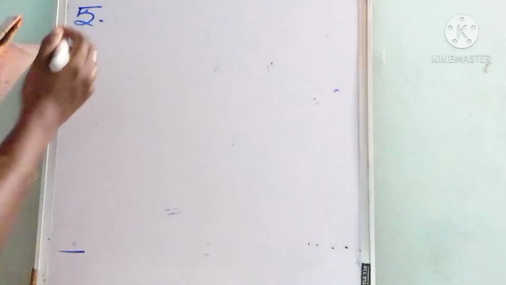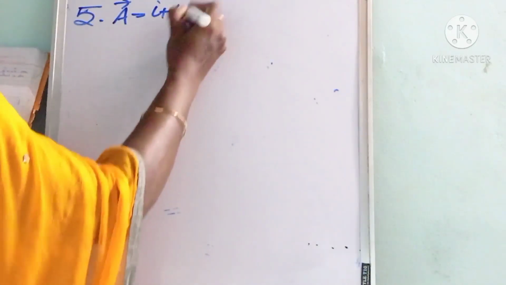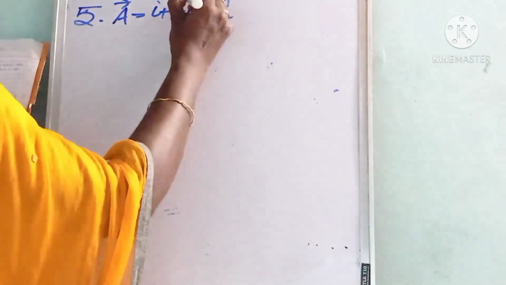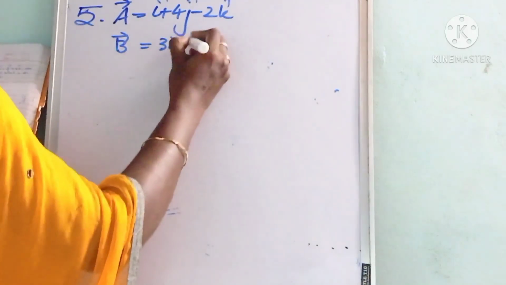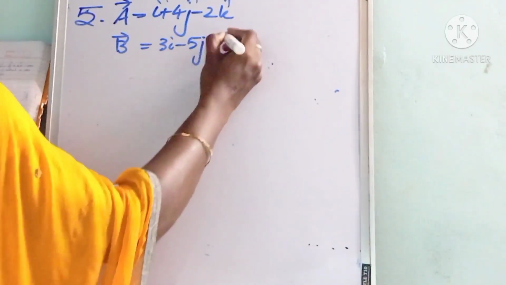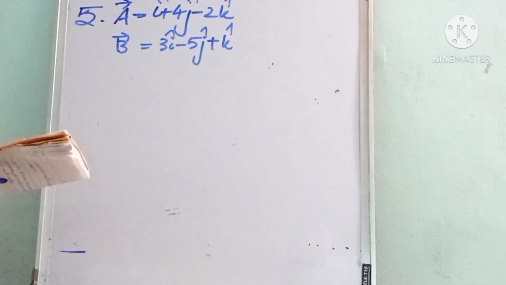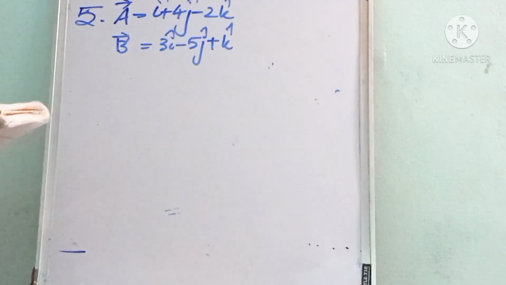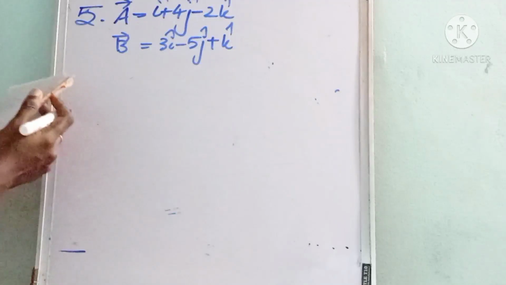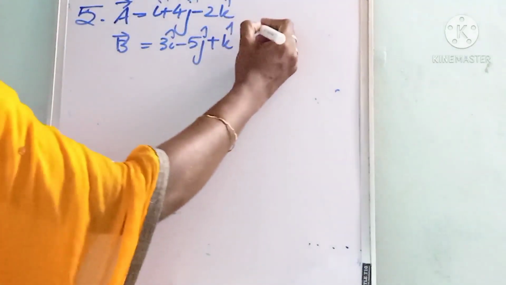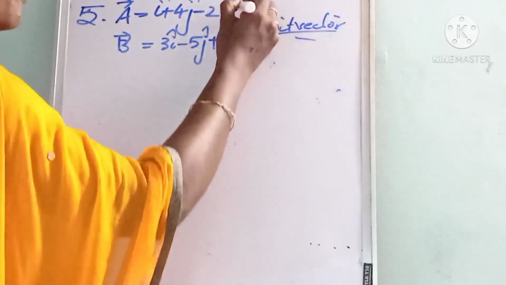Okay, here we have two vectors, A and B. We have to find the unit vector which is parallel to the resultant of these two vectors.